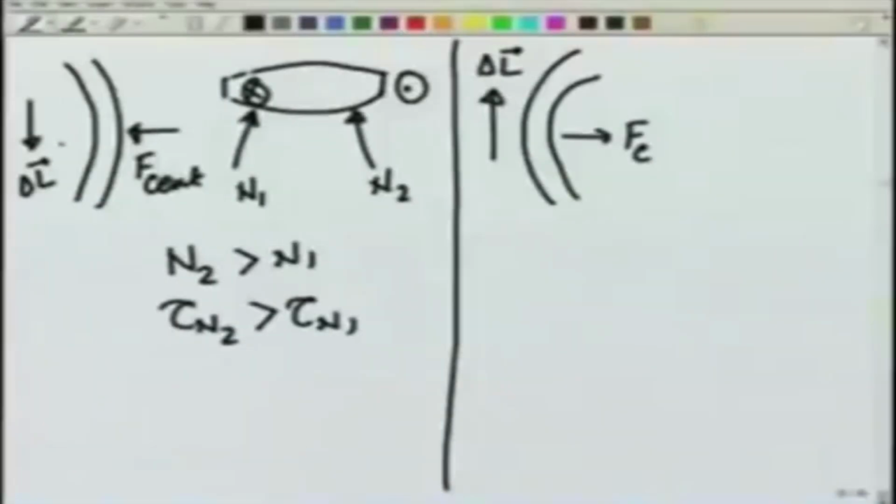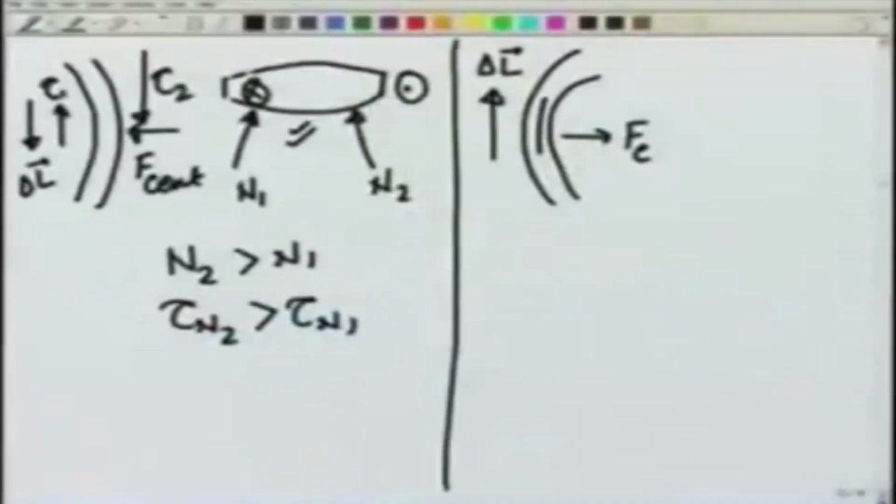Looking from the back side, torque due to N1 is in this direction, torque due to N2 is in this direction, and this is greater than torque due to N1. So the difference is in the direction which is proper to cause this change in delta L, and therefore this cylinder can easily turn to the left.